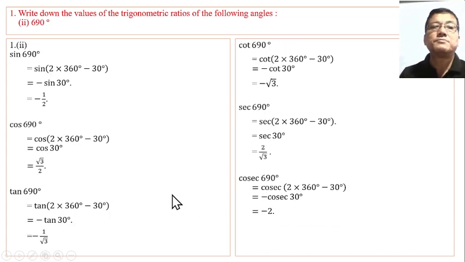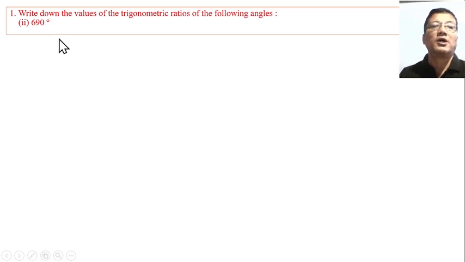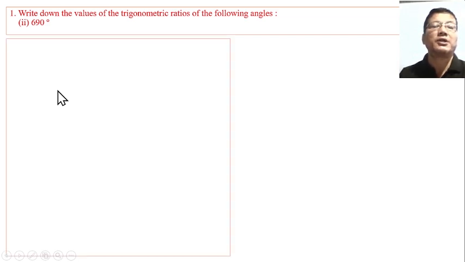Number 1: write down the values of the trigonometry ratios of the following angles. 690 degrees. 690 is 2 times 360 degrees minus 30 degrees.